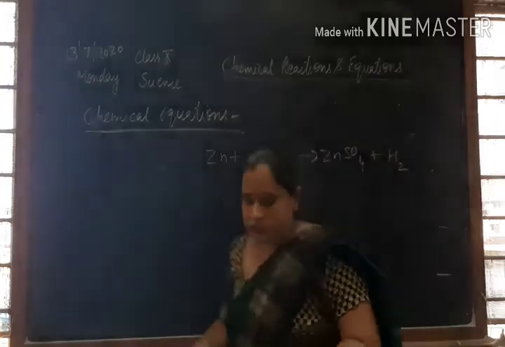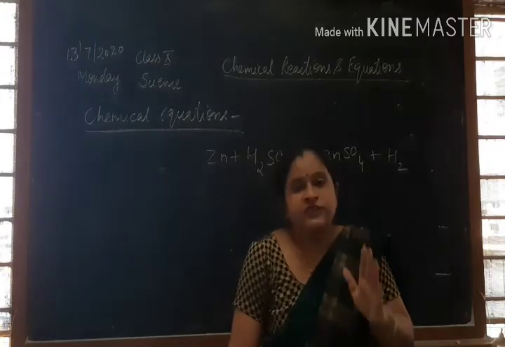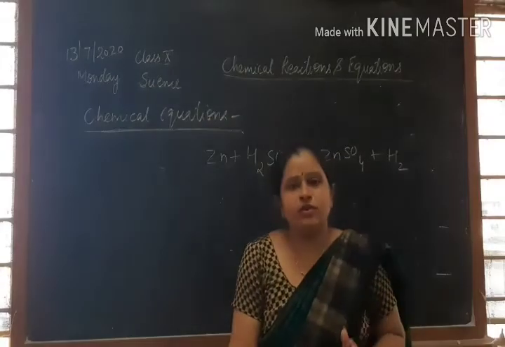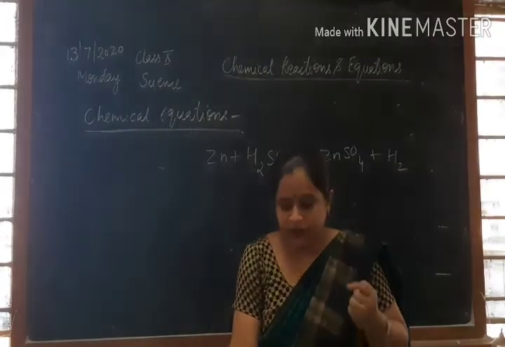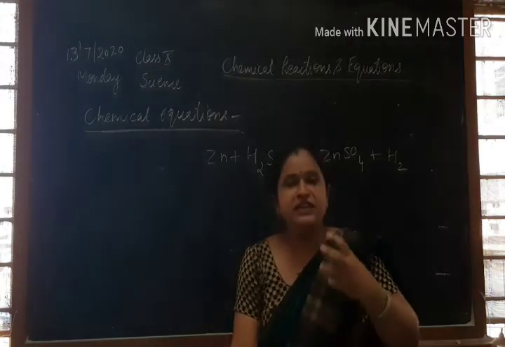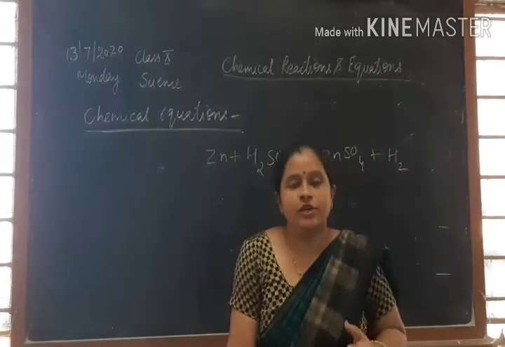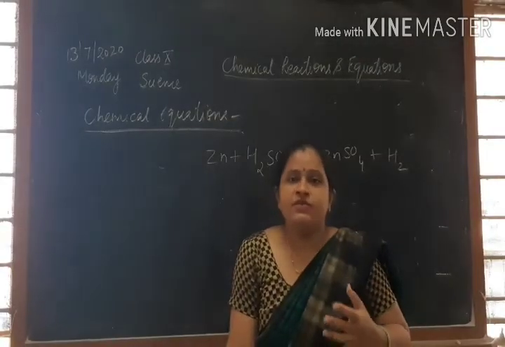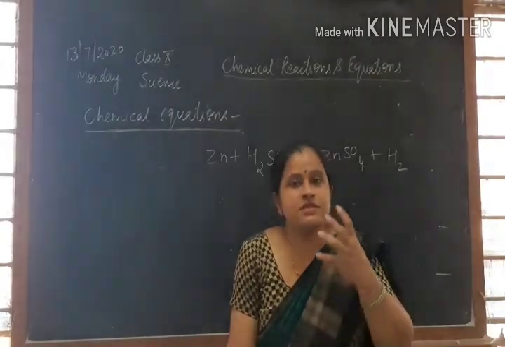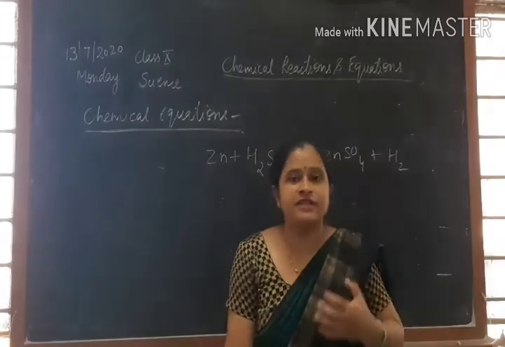So how will you make your reaction informative? First thing is you will add or indicate the physical state of the reactants and products in the equation. Physical state means whether the substance is solid, liquid, gas or aqueous.